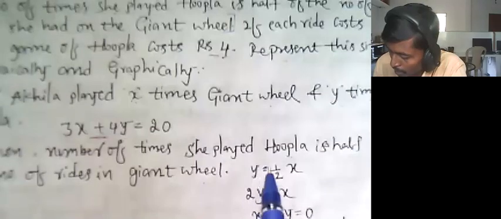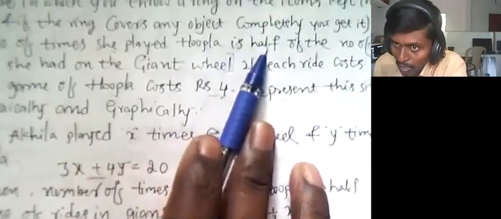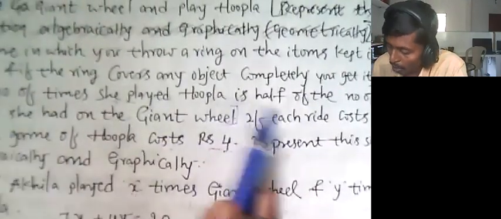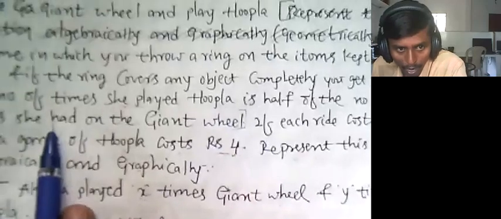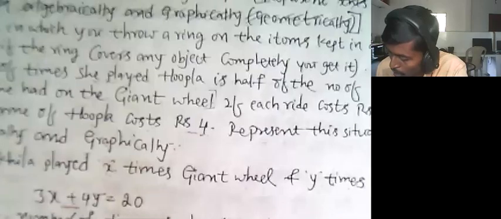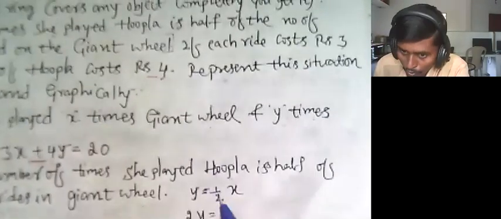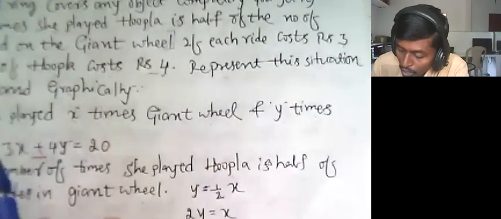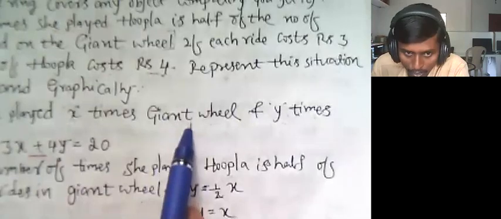Therefore, y is equal to half of the number of rides she had on a giant wheel. How many times did she play giant wheel?